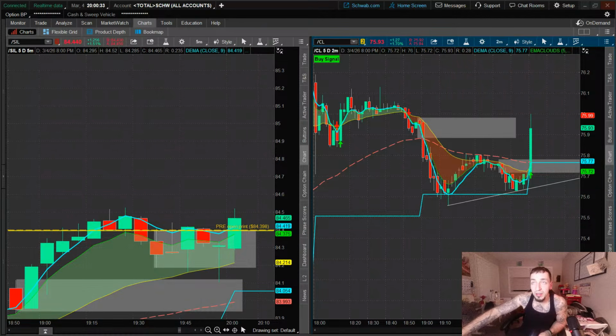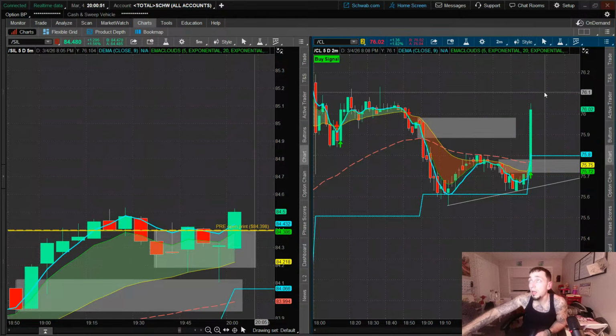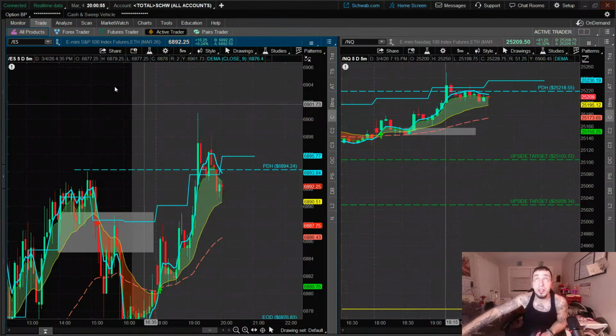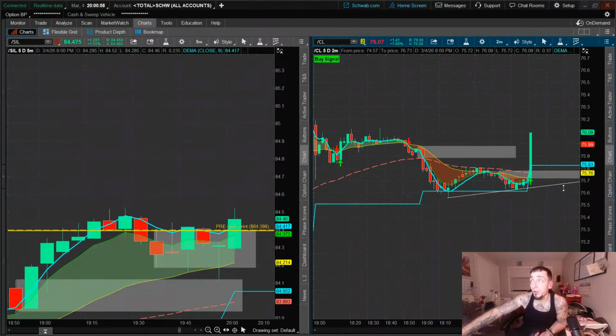I should have hopped in something small on silver. Still can. Staying patient. That 5 minute just looks lovely right there. Stay patient. Jeez. All right, so ES and NQ ain't moving like oil. Dude, look at oil.